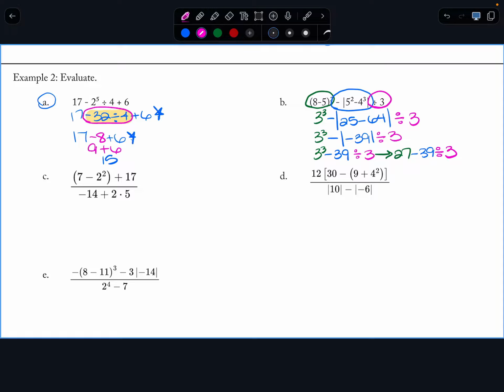And then again, I have to do my division before I do anything else. So I have 27, and I will do negative 39 divided by 3, which is a negative 13. And then I subtract to get 14. Questions that you guys have?